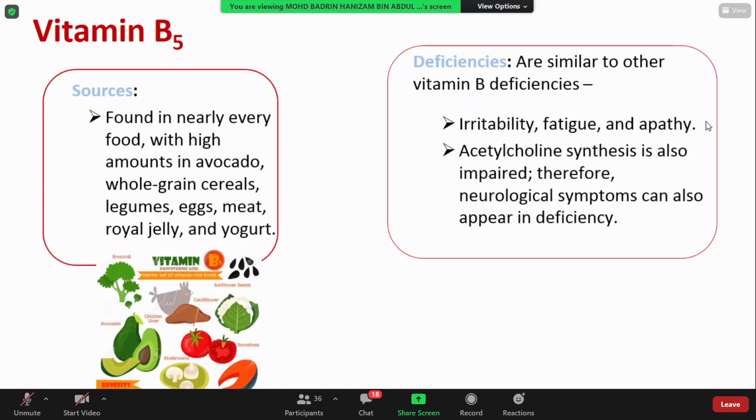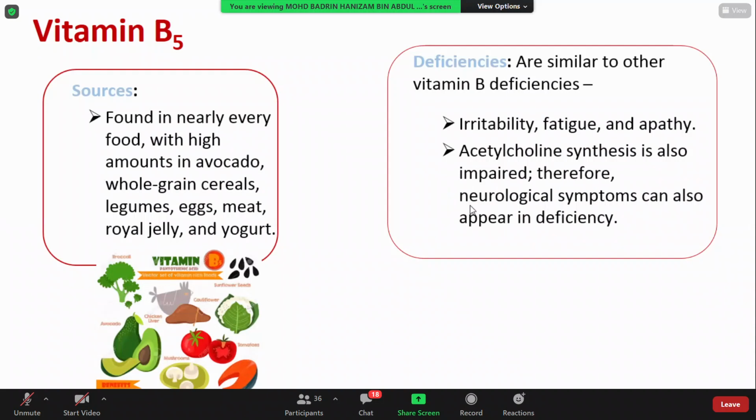And deficiencies for this vitamin B5, similar to other B vitamins: irritability, fatigue, apathy, all of this because of the role of vitamin B5 in energy metabolism, TCA cycle, as we already explained. Acetylcholine synthesis is also impaired, because acetylcholine in your brain is responsible for neurological properties.